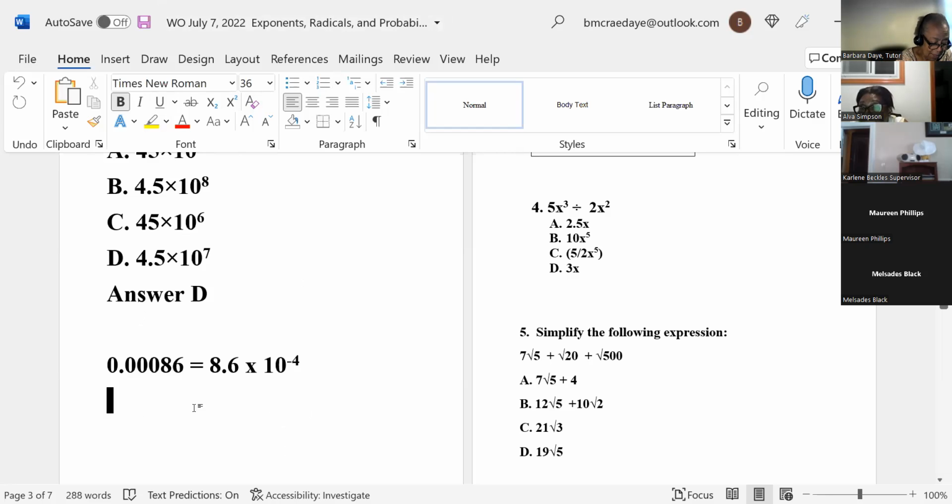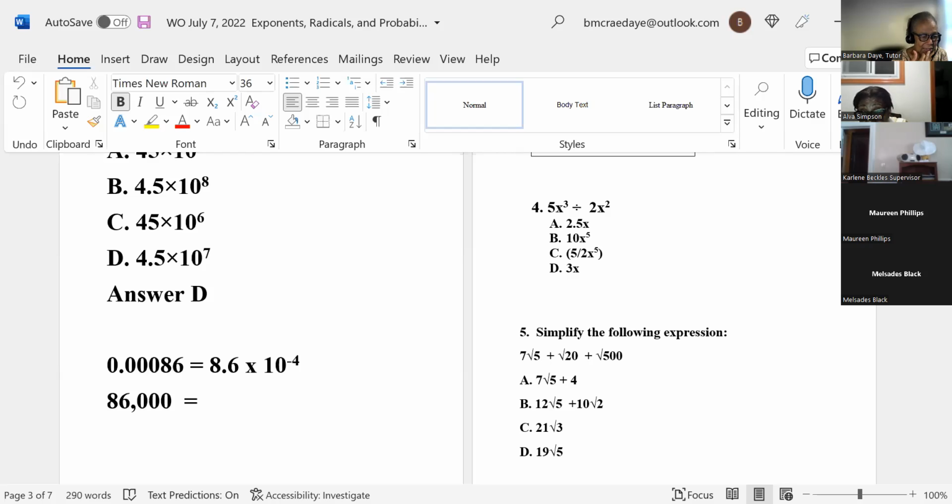I have 8, 6. What is that equal to, Alva, in scientific notation? Give me the first number less than 10. What would that be? The first number that's less than 10 would be 8.